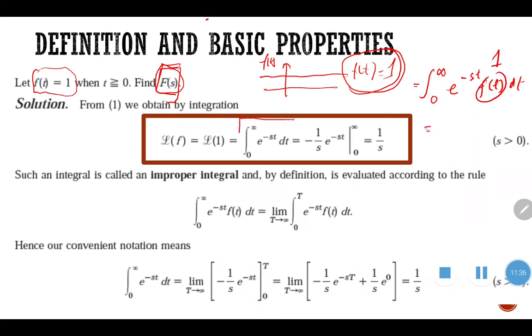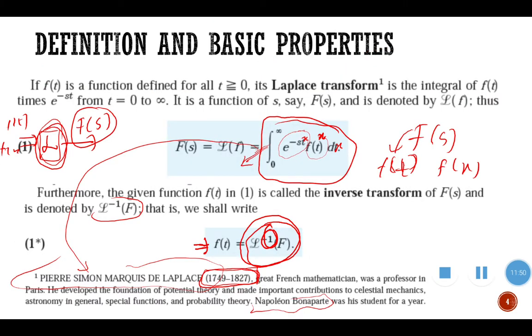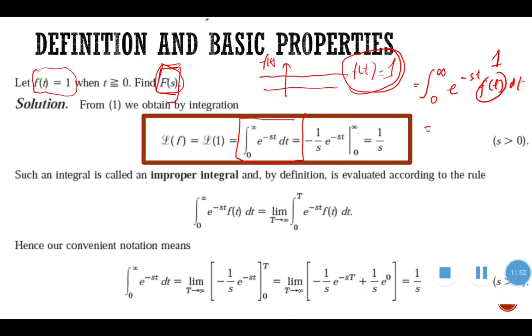That's why your integration becomes e to the power of negative st dt, integration from 0 to infinity. So to integrate e to the power of negative st with respect to dt, this is just as usual, how you integrate an exponential function. Okay, we copy back the question and we divide by the derivative of the power. So we have negative 1 over s e to the power of negative st. So the upper limit is infinity, the lower limit is 0.